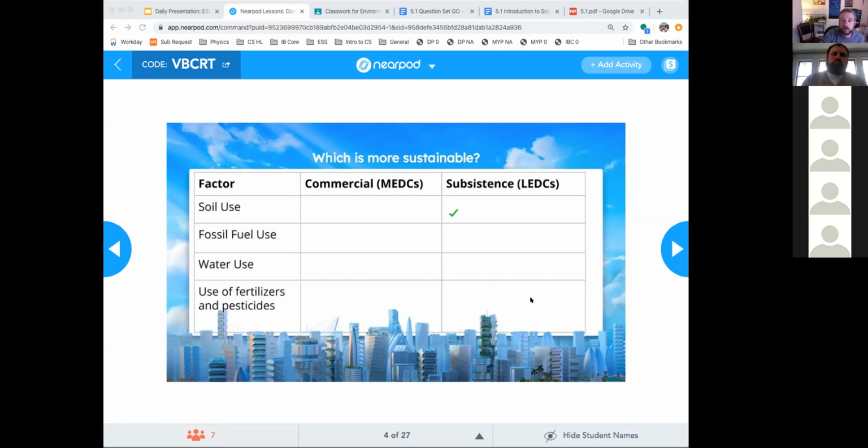Okay, so Dade says soil use LEDC. Keep it coming.